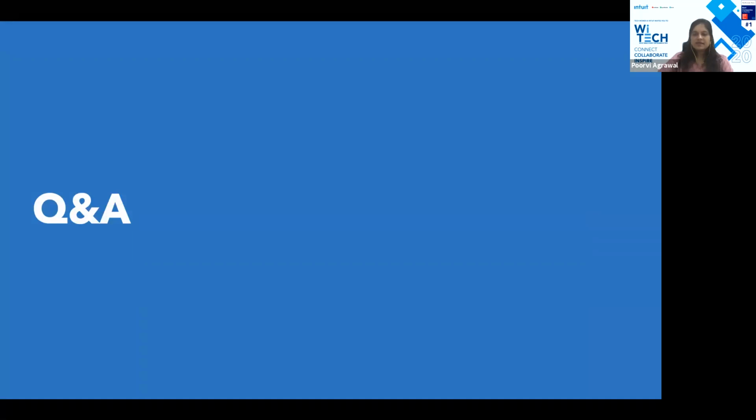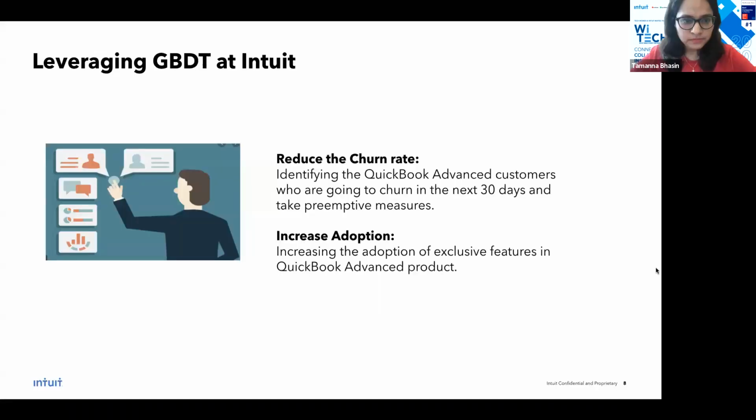Yes. So as I mentioned before, one example is increasing the adoption rate. We have different customers who are using a product, and we want to know whether they have a high propensity to adopt a particular feature in the next 30 days or 60 days or a year.